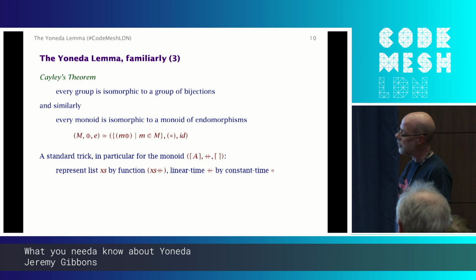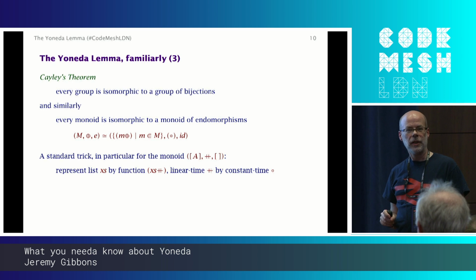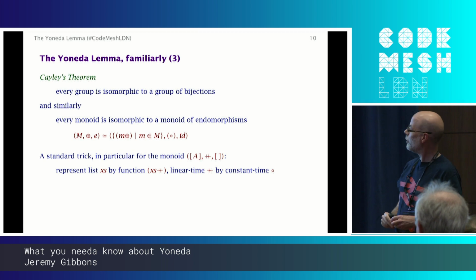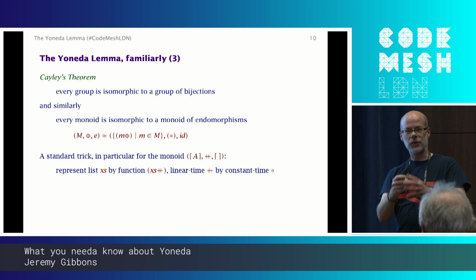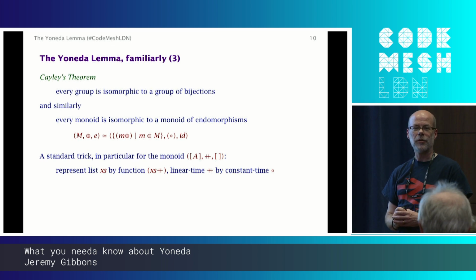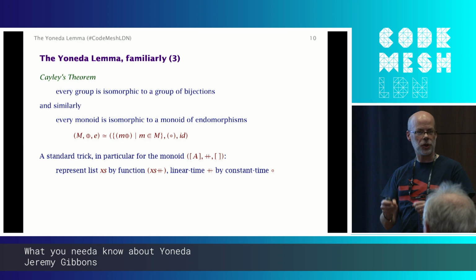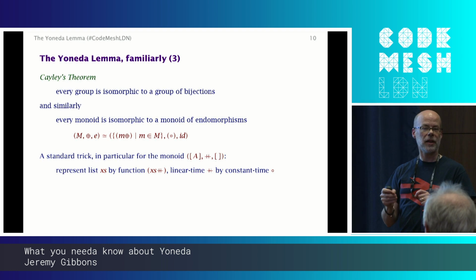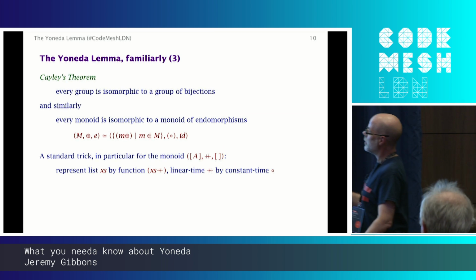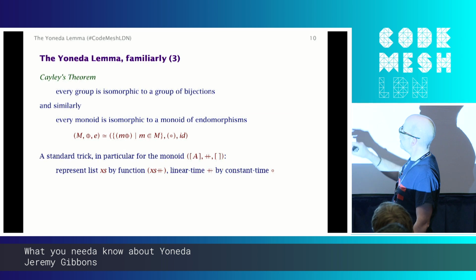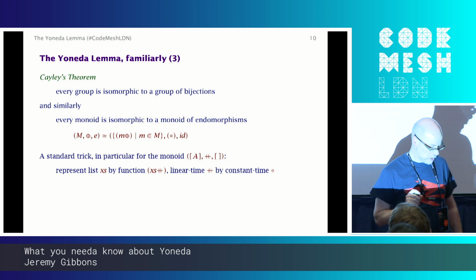Now, this is a standard trick in functional programming, sometimes known as Hughes lists. So John is an expert in the Yoneda lemma from 1986 or so, and he didn't know it at the time. But there's an application to the identity of the monoid, and functorial action, which is composition. That's the functorial action of this particular functor, there in this idea of representing lists by functions of the form xs plus plus.